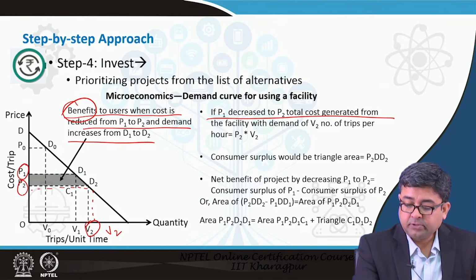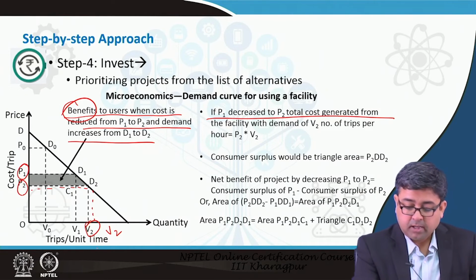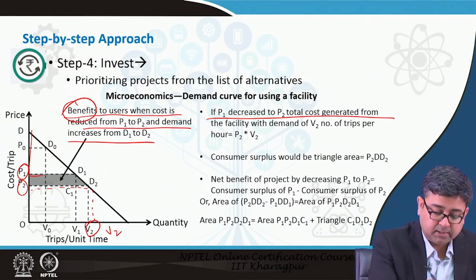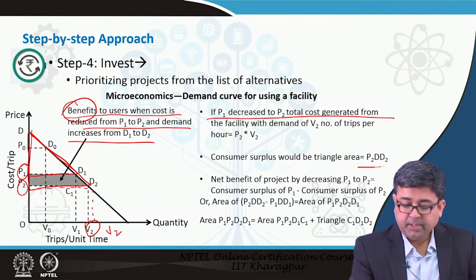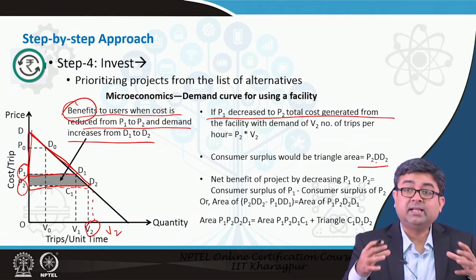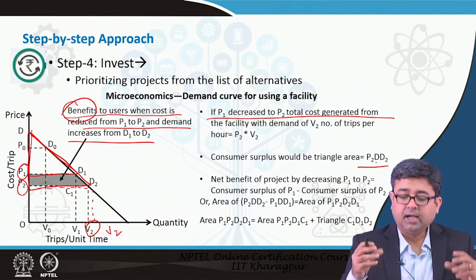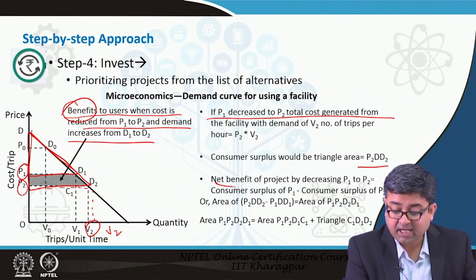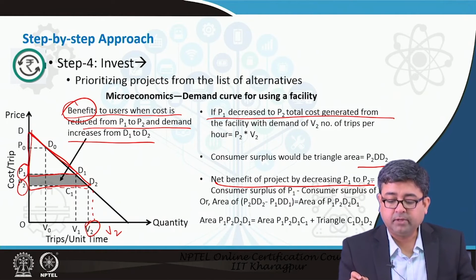Since the price has reduced, what is the new demand? It is P2 times V2. The consumer surplus was this triangle initially, as we saw, now it will be this bigger triangle, P2 D D2. So, the consumer surplus has increased, that means the economic benefit has increased and maybe there will be more people using it. So, what happens to the net benefit of the project by decreasing the price from P1 to P2?